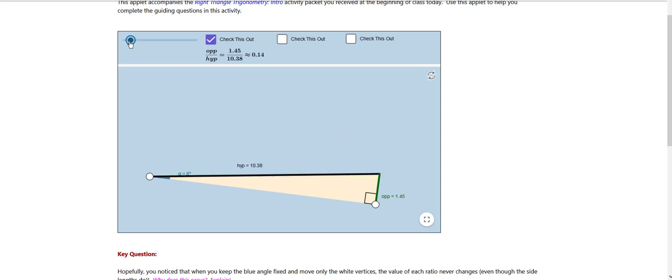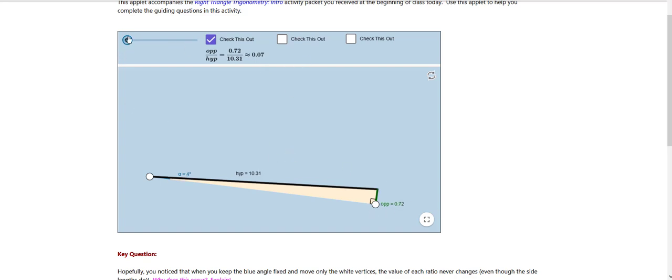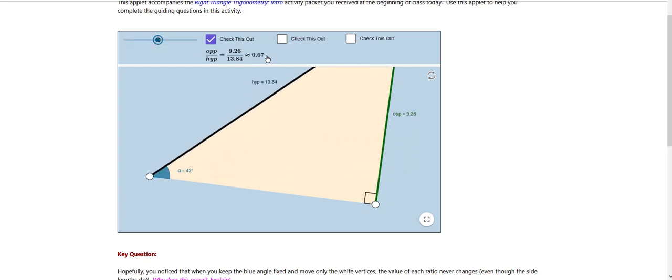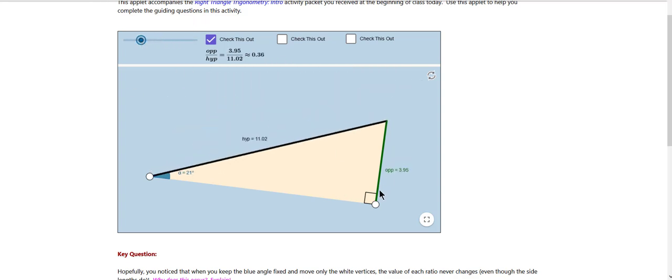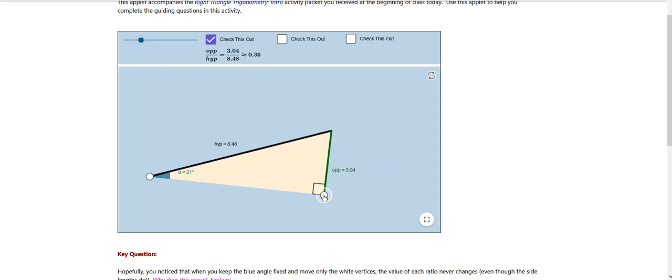Right now we have a very small angle, and the sine is getting very close to 0. As the angle gets bigger and bigger, you're going to see that ratio increasing. Eventually, that angle will get close to 90 degrees, and the closer we get to 90 degrees, the closer we get to 1.